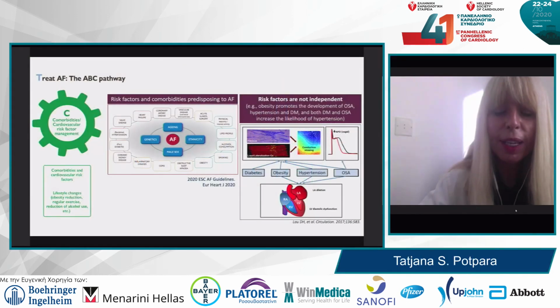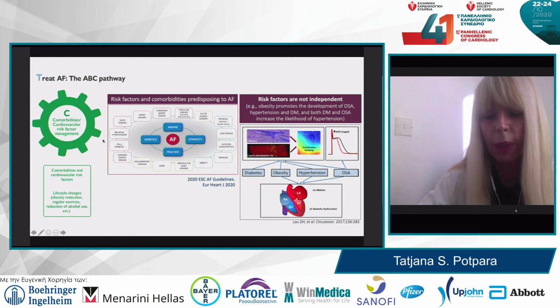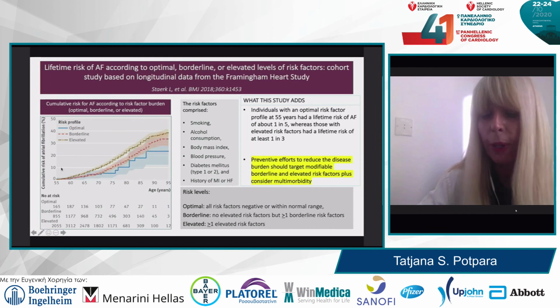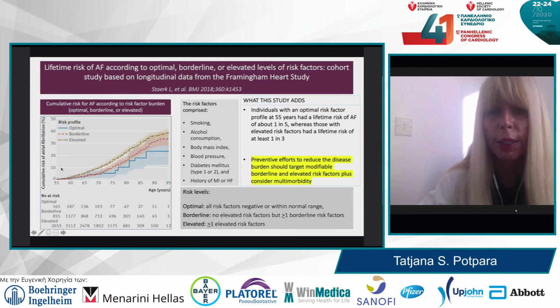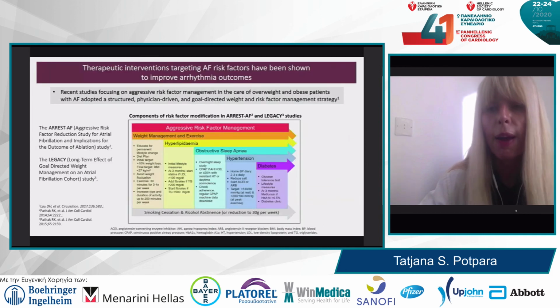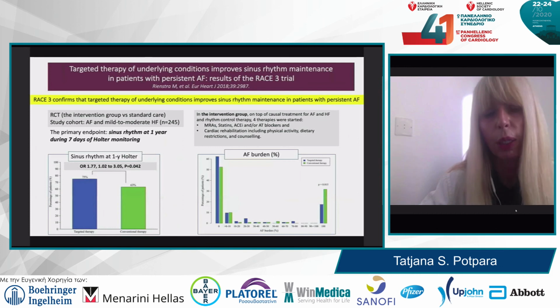The third, and the last but not the least, pillar is comorbidities and cardiovascular risk factor management, which can predispose to AF in a dose-dependent manner: the worse the risk profile, the greater the risk for AF. They can also significantly influence the development of the substrate for AF and hence affect the success of rhythm control strategies as well as the patient's symptomatic status and quality of life.